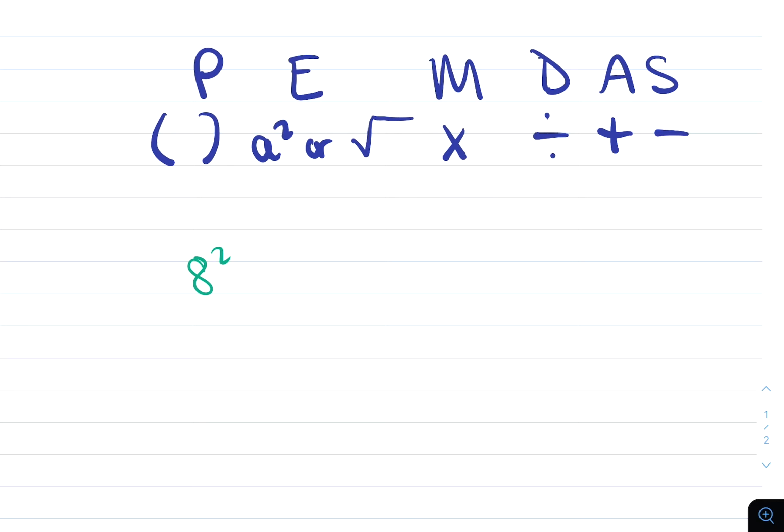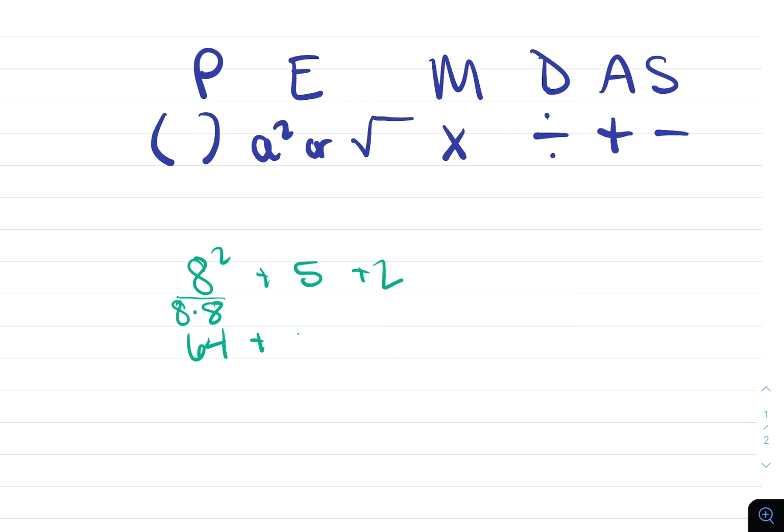We have 8 squared plus 5 plus 2. Looking at our acronym above, we see that we have exponents first, which is here. So we're going to go ahead and simplify that to 8 times 8. Let's bring that 64 down.